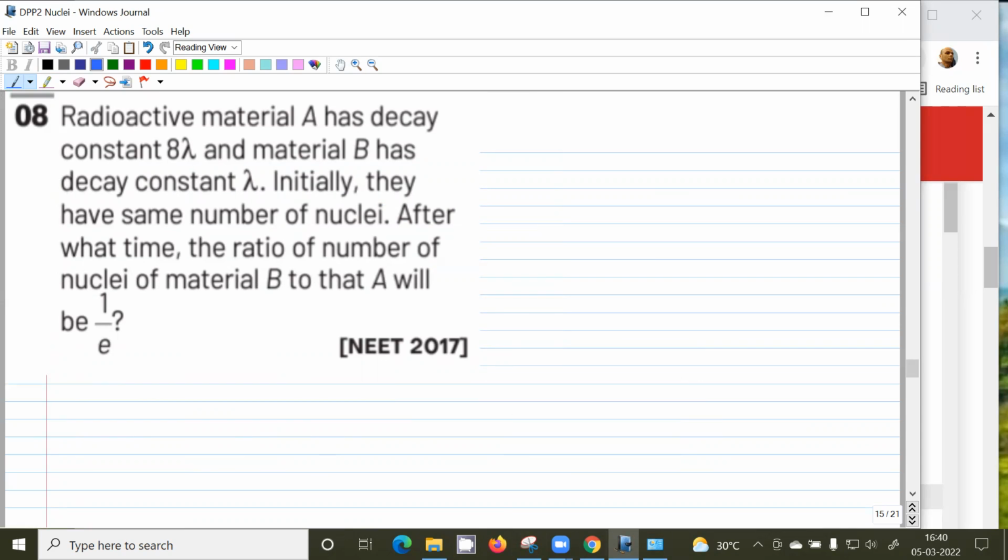What is the decay constant? Lambda value, sir. Yeah. So N equals N naught e to the power minus lambda t.